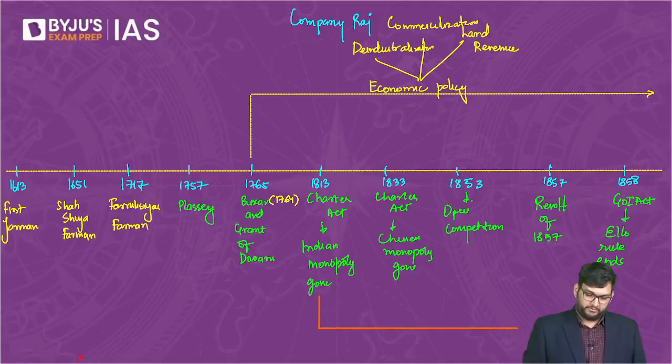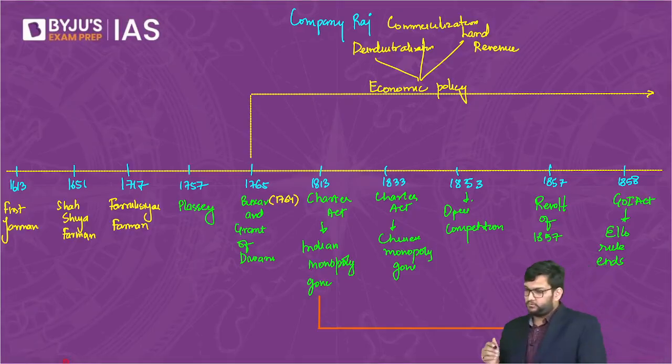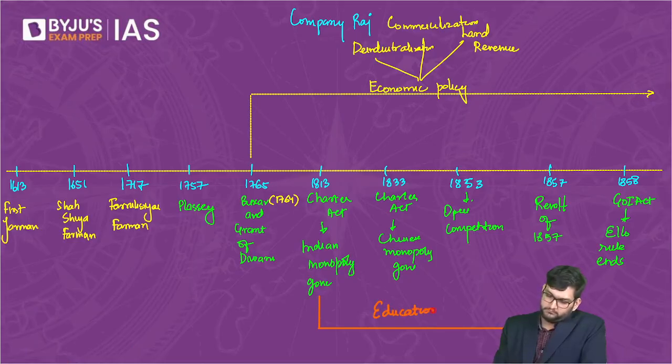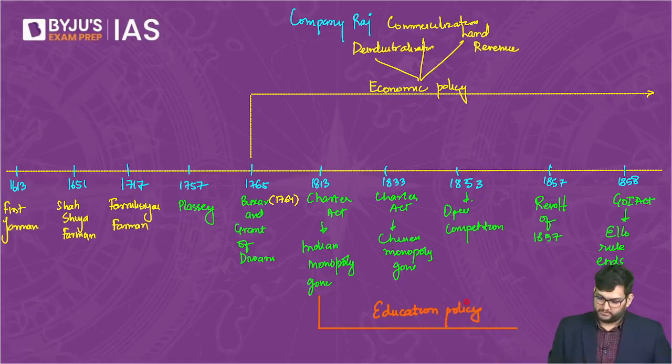What am I trying to represent here, through this one, the orange one which I put in? Come on, tell me. 1876 is Calcutta Darbar, not Delhi. Delhi Darbar is 11. Education policy.